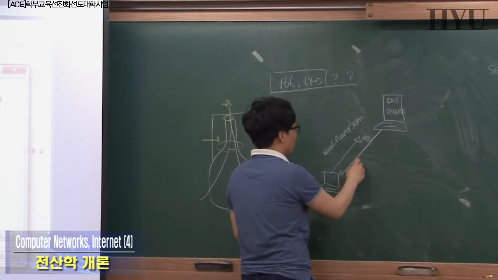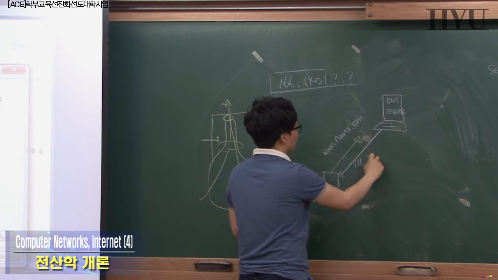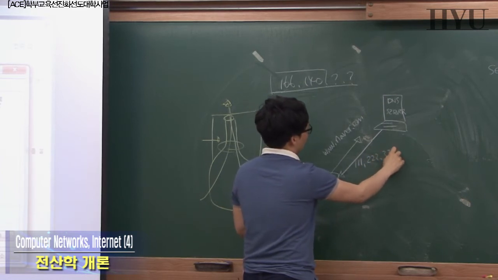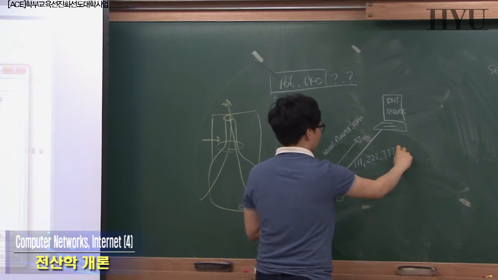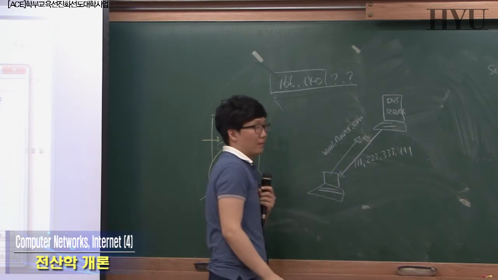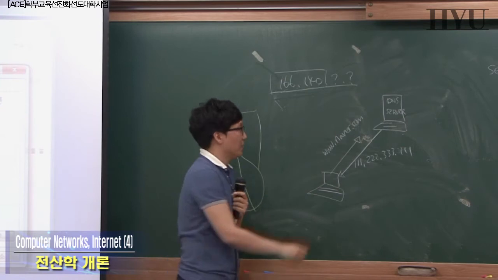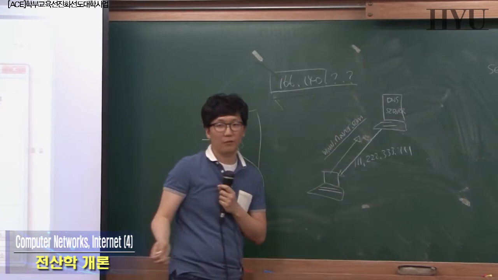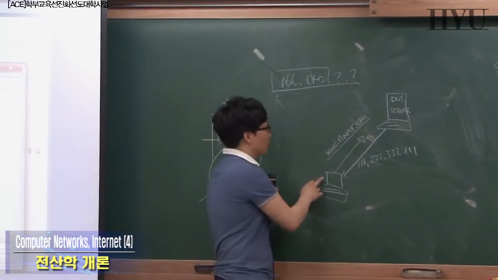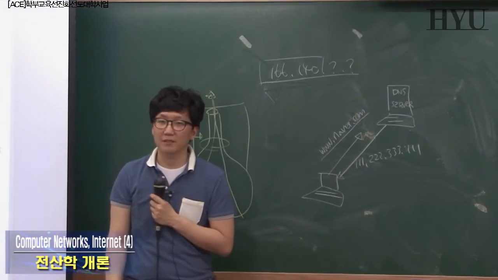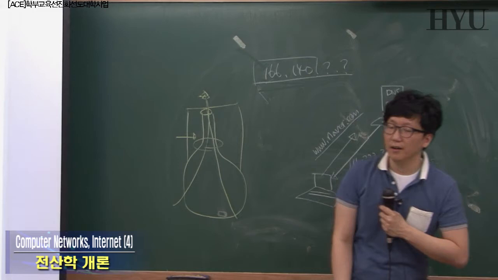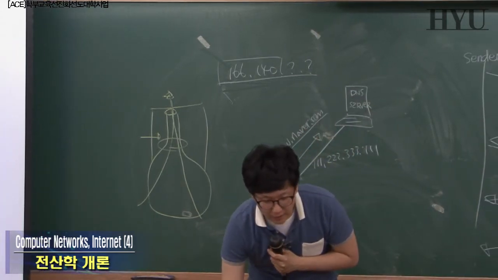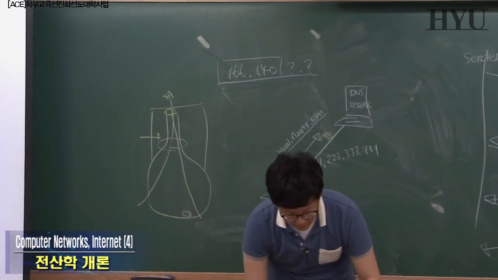Let's say I don't know the IP address, it's 111.222.333.444. Actually, 444 isn't valid. So every single time you type something in your web browser, you're actually asking this DNS server to give me the IP address of this particular website. Maybe I can look it up.